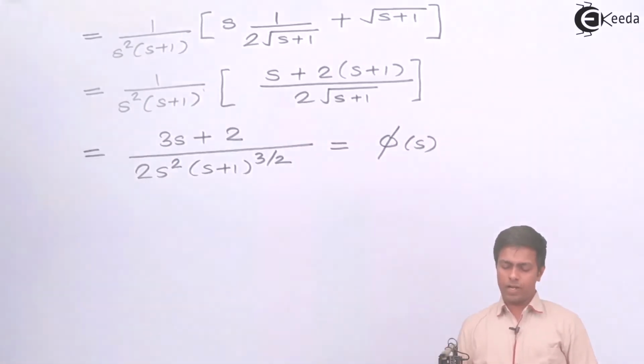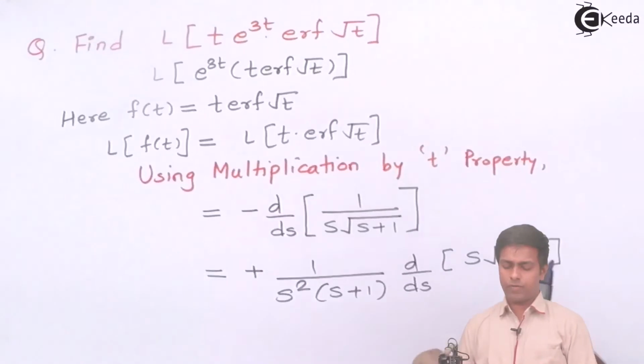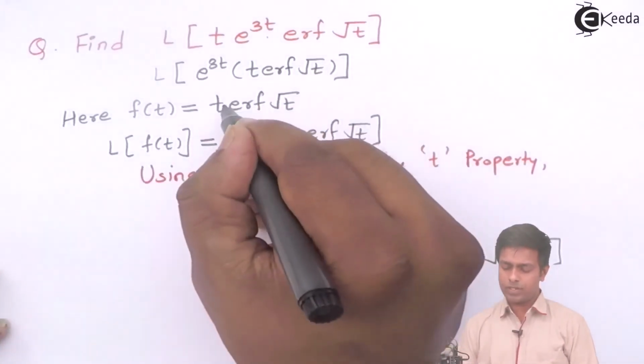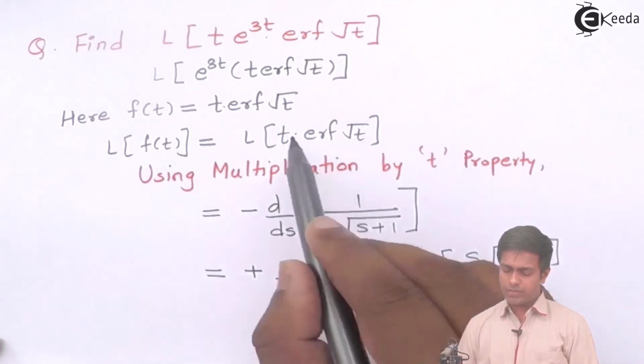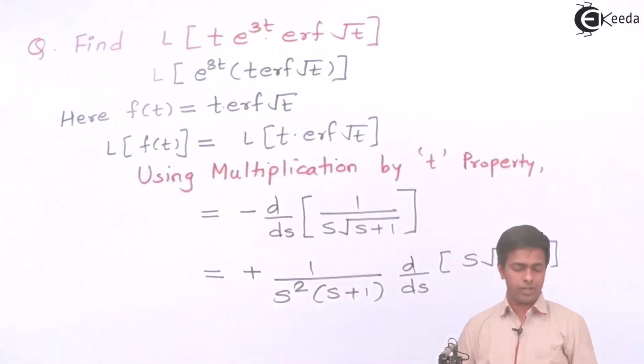So I got this value from the Laplace of f of t, that is the Laplace of this t into error function of root t. And guys, now I'm going to use this value here in the first shifting theorem.